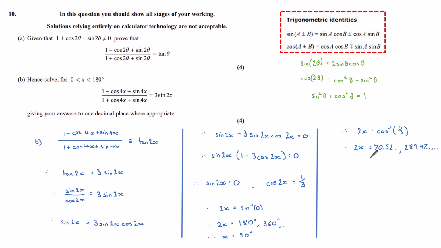So my 2x is equal to 70.52 and so on, 289.47 and so on. Dividing through by 2 gives me the two solutions, 35.3 and 144.7 degrees, within range to one decimal place. Therefore, the three solutions to my equation are 35.3, 90 and 144.7.